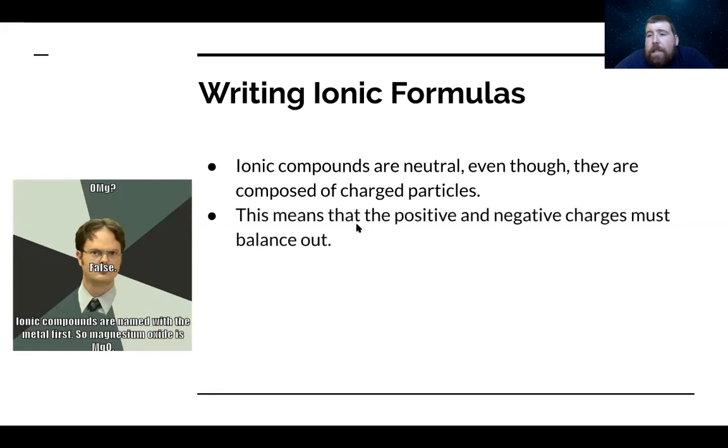This means the positively and negatively charged ions must come together in certain ratios such that the overall charge is 0. Sometimes that means we need to add more of one type or the other in order to get that +2 and -2, +6 and -6, depending on what that opposite number must be.